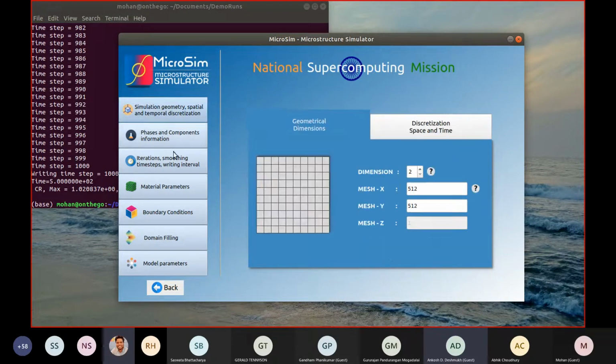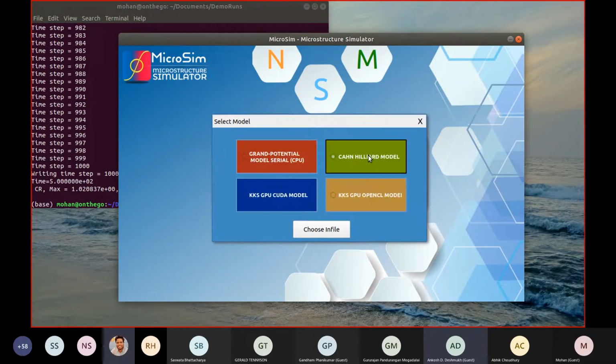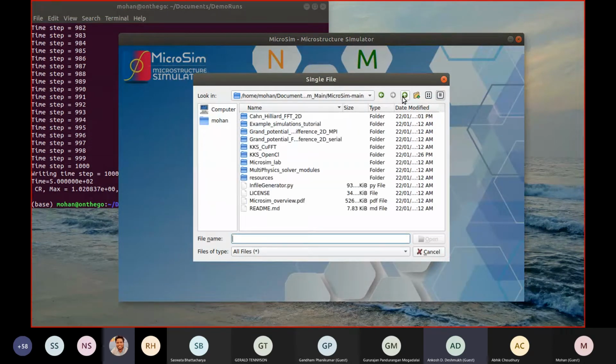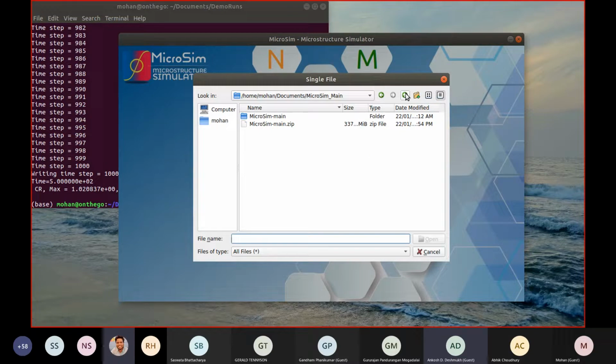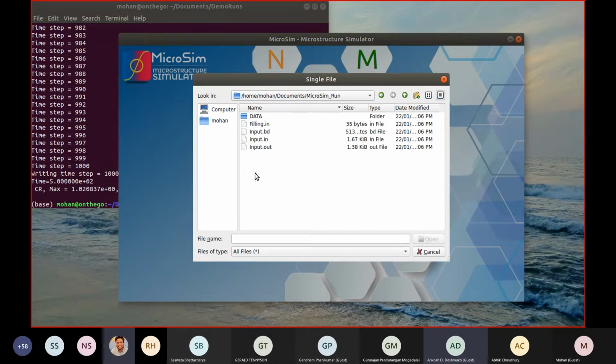So what I'm going to do is import a file whose input reads the TDB file enabled. But I would like to emphasize we have to create the Gibbs energy function through the Python script. Right now the Python script is not integrated in the module, but in the future it is going to be enabled.